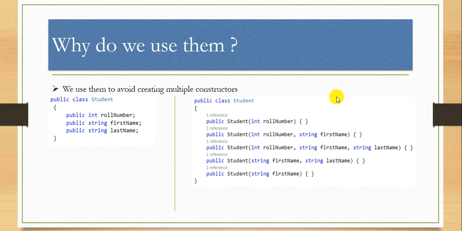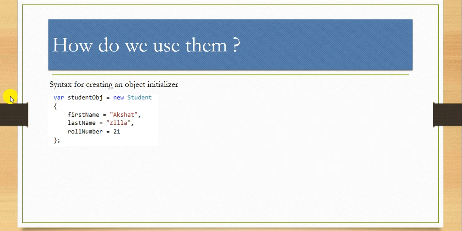Instead of doing this using constructors, you can do the same thing with an object initializer. So I'll show you that now. The syntax for creating an object initializer is, first you have to create the object of the class.